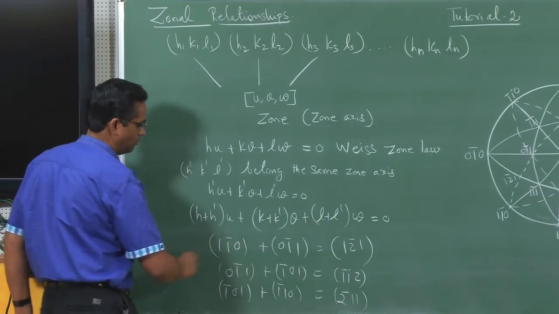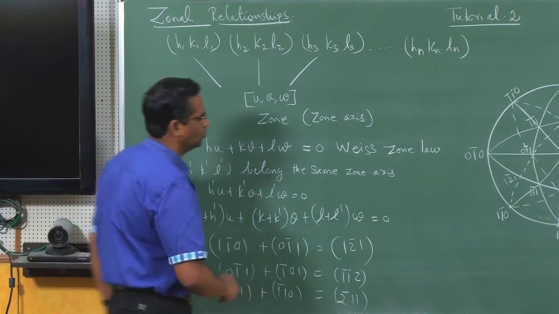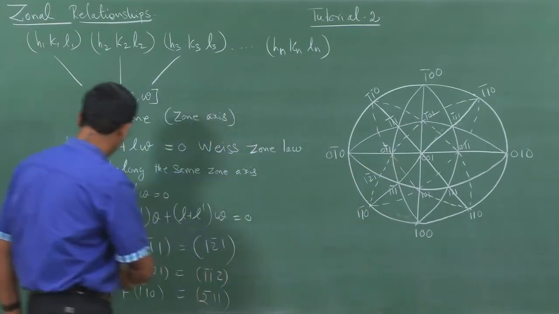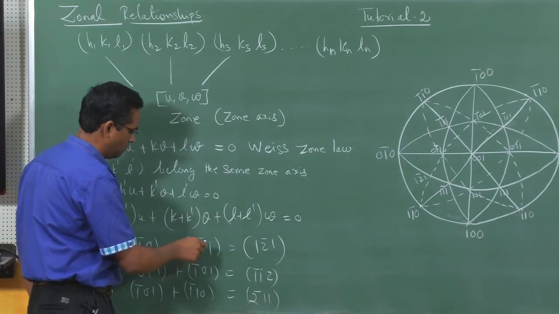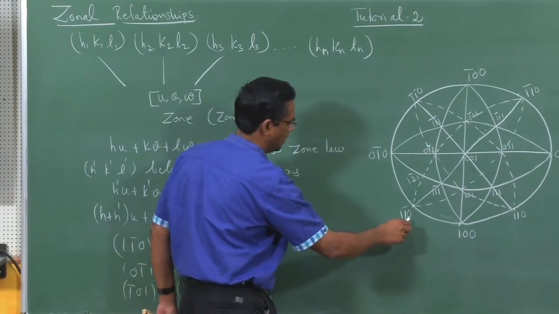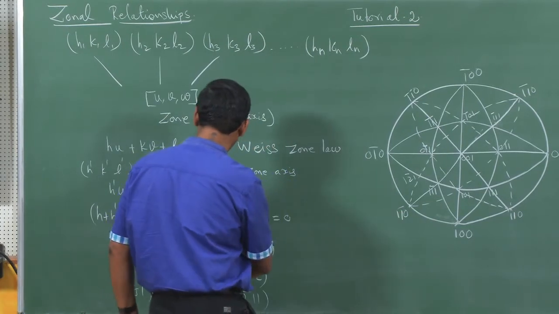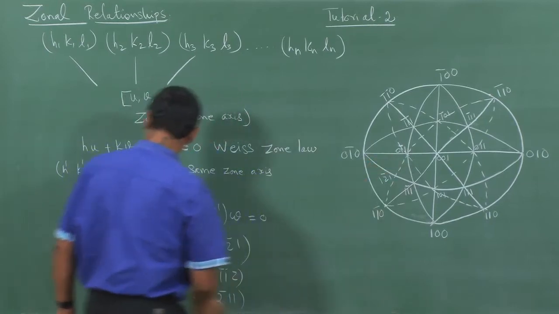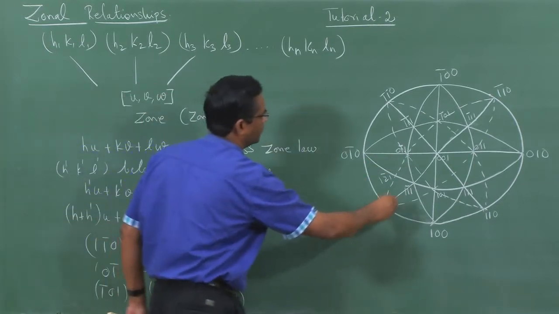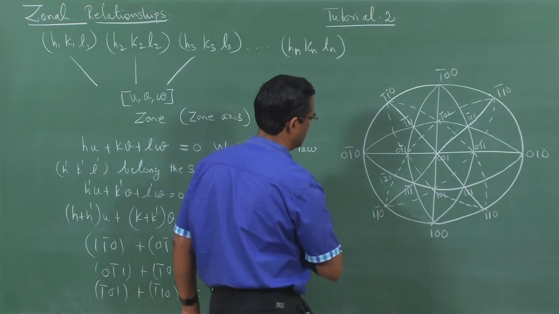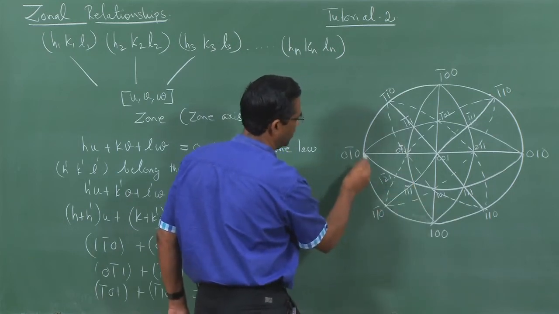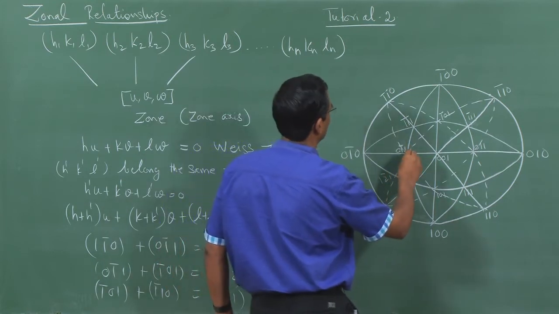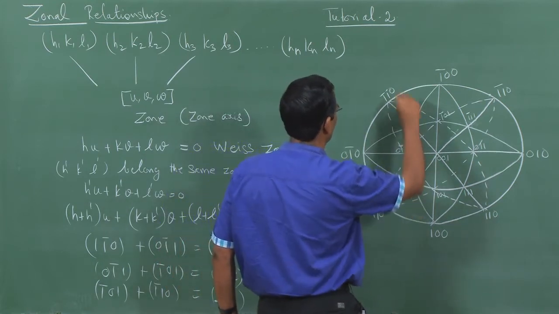For example, if you add these two, 0 1 bar 1 and 0 bar 1 1, 0 bar 1 0, sorry, 0 bar 1 1 is here and 1 1 bar 0 is here. So, if you add these two, this comes. You can check with this also, if you even add these two, the same thing will come. Similarly, you can find this by adding these two or these two.